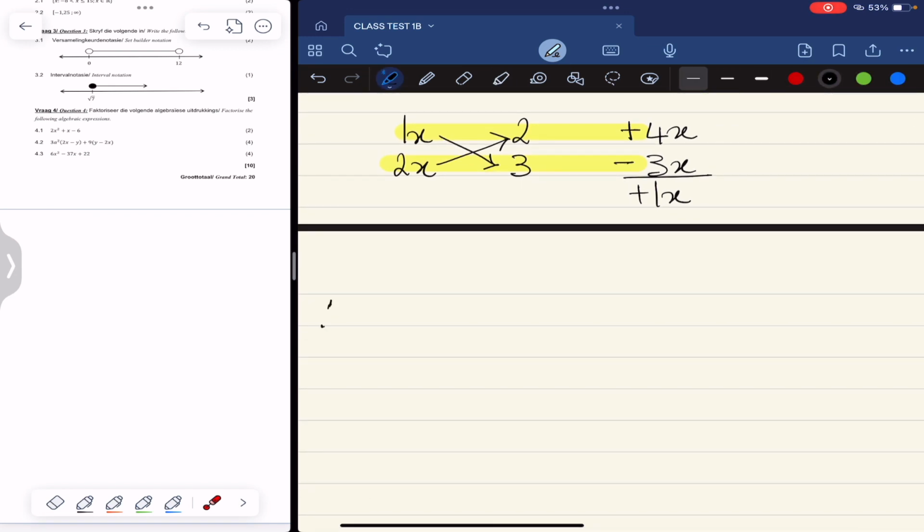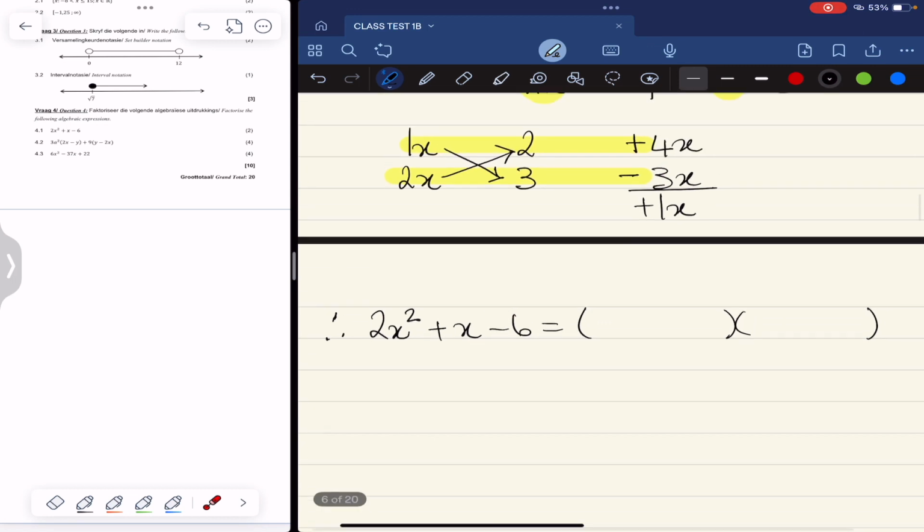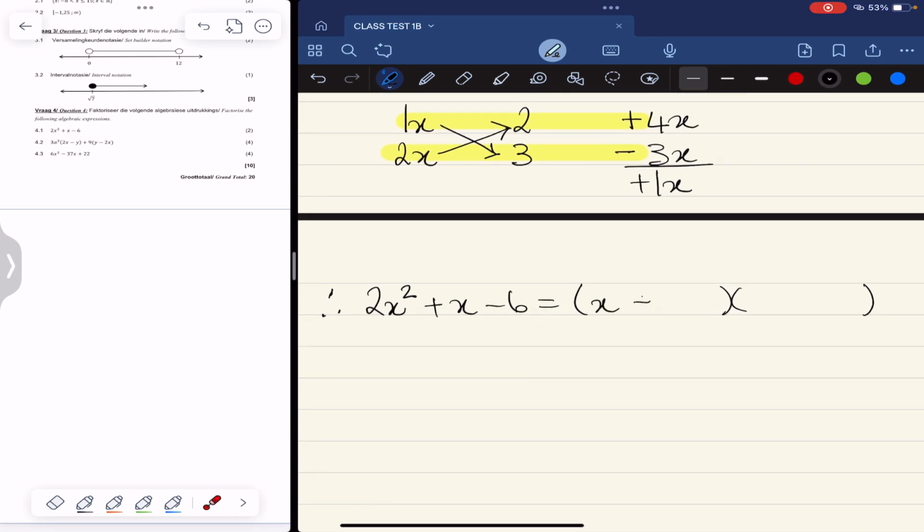En ons kan dan beskryf dat 2x to die mag 2 plus x minus 6 is dan gelyk aan x plus 2 en 2x minus 3.